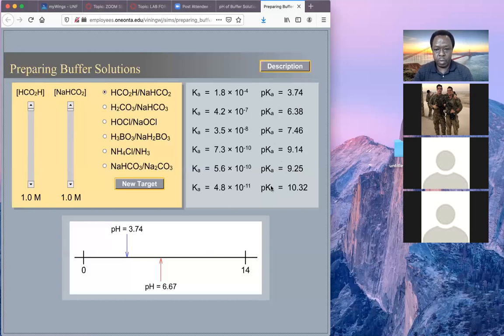So remember, in my illustration, I'm looking for 10.57. So the closest one is the last one right here. Look at what is happening when I click this. The blue arrow will just jump to what? 10.3. I'm looking for 10.57.